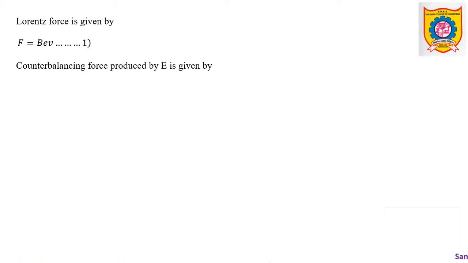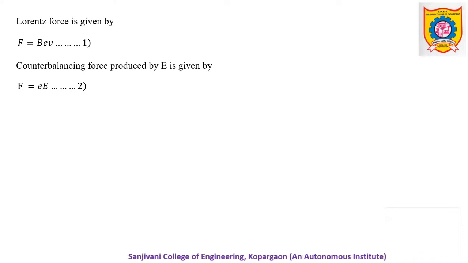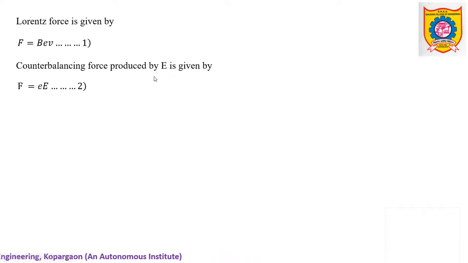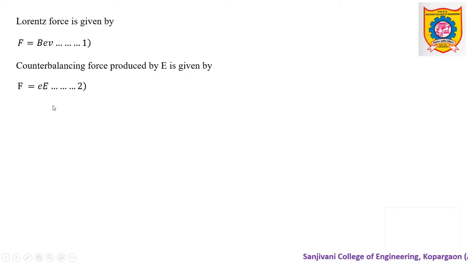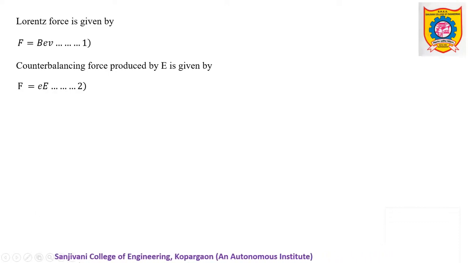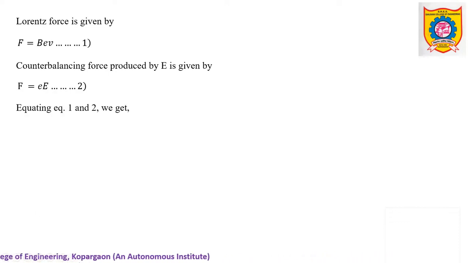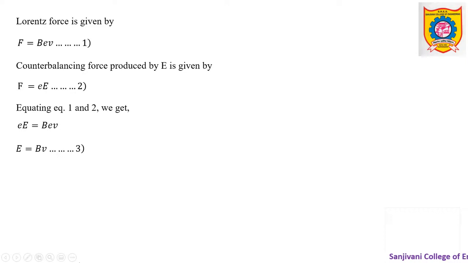It has been discussed in the previous basics. Based on that, we can express the counterbalancing force produced by this newly generated electric field E as the product of charge multiplied by that electric field. So these two forces are acting in opposite directions. Under equilibrium condition these two can be equated and we get eE equals BeV, or E equals BV.